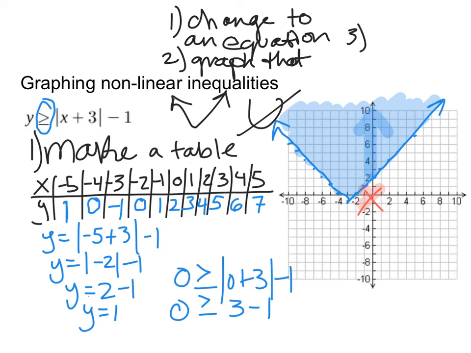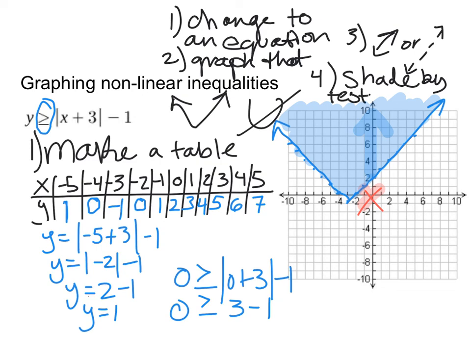And then you would decide if it is solid or dashed by looking at what type of inequality it is, and decide where to shade by testing a point. It's really important that you test that point. And of course, those steps are true for lines as well.